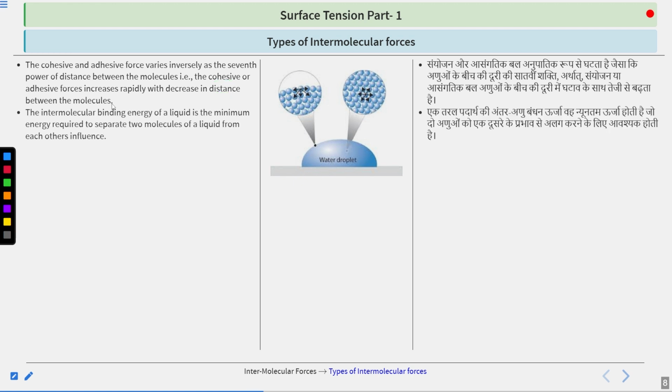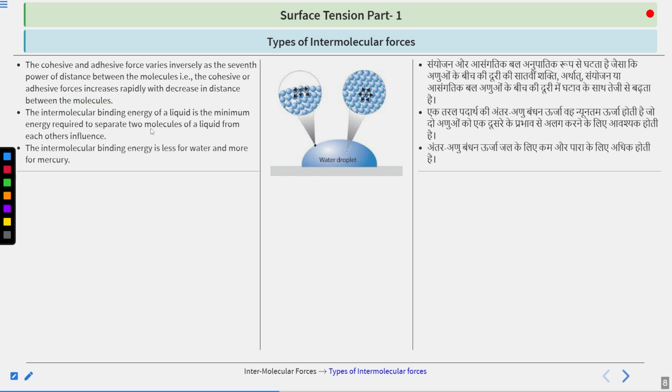The intermolecular binding energy of a liquid is the minimum energy required to separate two molecules of a liquid from each other's influence. Intermolecular binding energy, remember it. That is the energy required to separate the two molecules of a liquid from each other's attraction, and it is the minimum energy required for that.